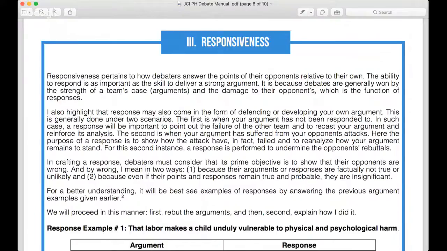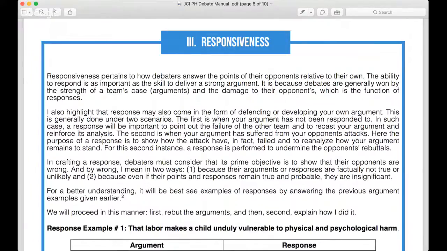The third way is to point out that even if their points were true or probable, these are insignificant. The point is insignificant or irrelevant to the debate because the principle that you are arguing for on your side of the House is of a higher value versus the point that your opponent pointed out.